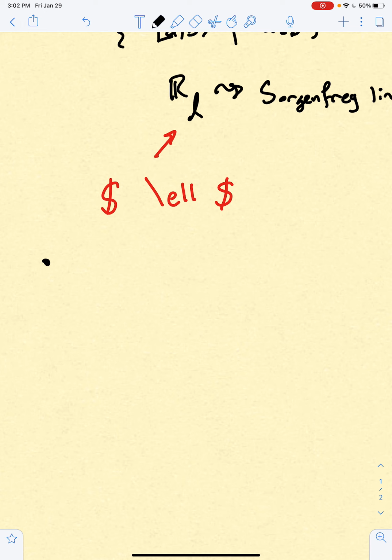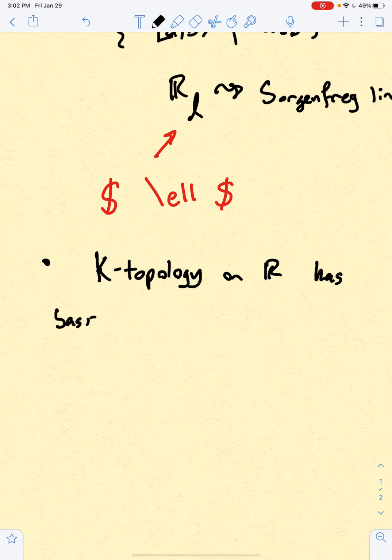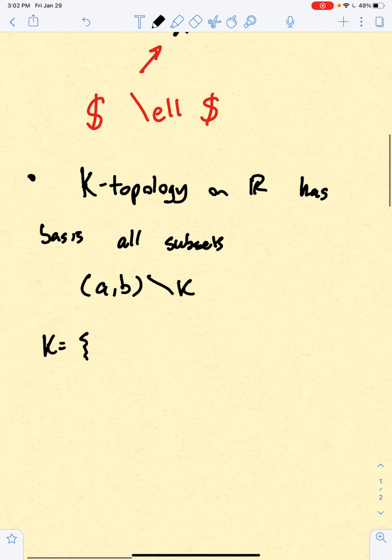Lastly, the one we'll be talking about will be the K topology. It has as basis all subsets of the form: you take an open interval, just as before, and you subtract a certain set K from it, where K consists of the sequence 1 over n, where n is a positive integer.